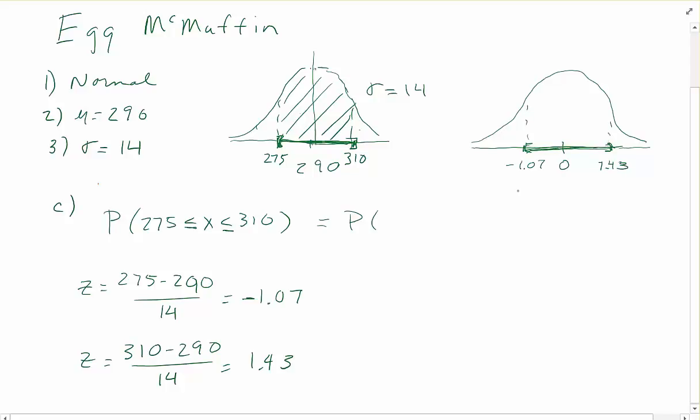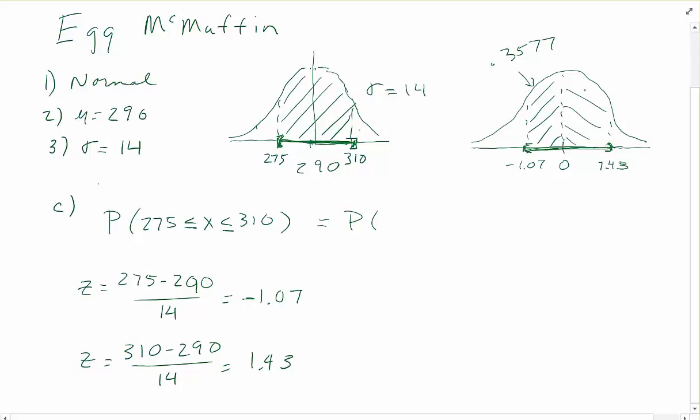Now when I look up the 1.07, I got 0.3577. Now that was to the right, but again, because of symmetry, I know that that part of what I want there is going to be the 0.3577.